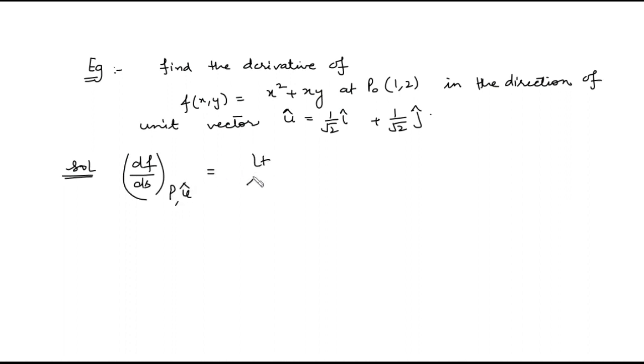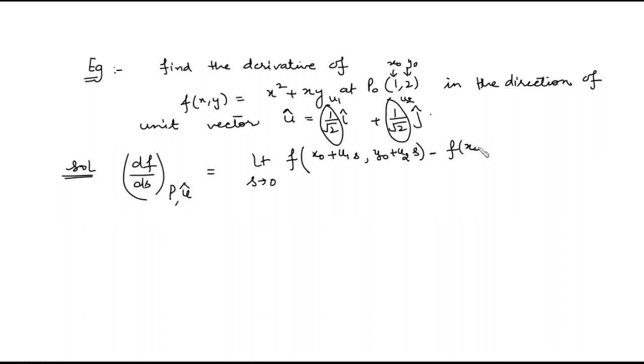So this will be the limit s tending to 0, f of x naught plus u1 s comma y naught plus u2 s, minus the value of the function at x naught comma y naught, divided by s. Now substitute these values.